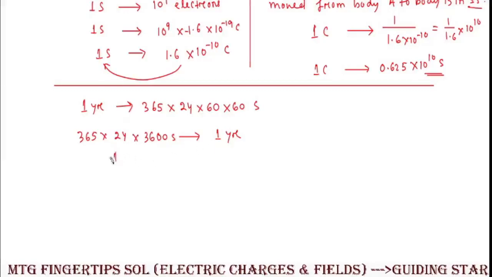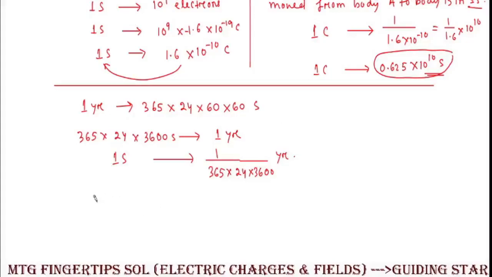Clear? Then 1 second will be how many years? That means 1 upon 365 into 24 into 3600 years. That means here in this particular case, the value which has just been calculated, 0.625 into 10 to the power 10 seconds, will be how many years?